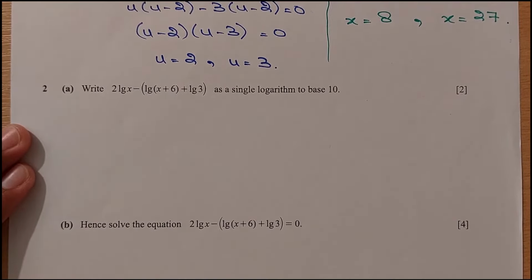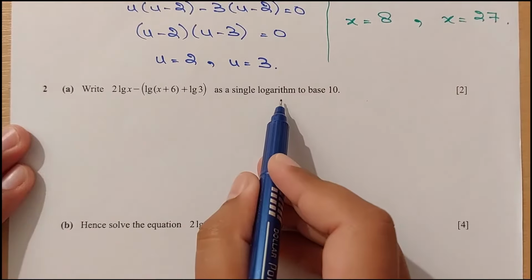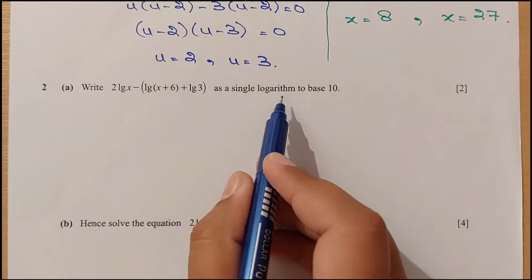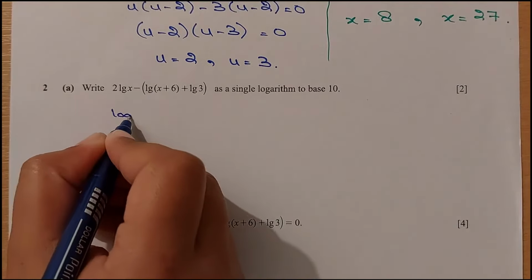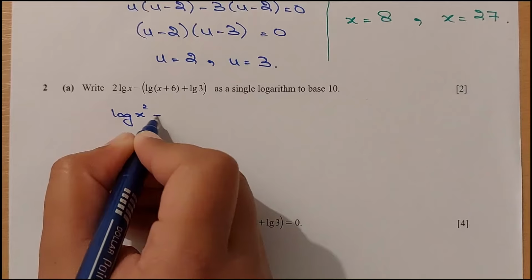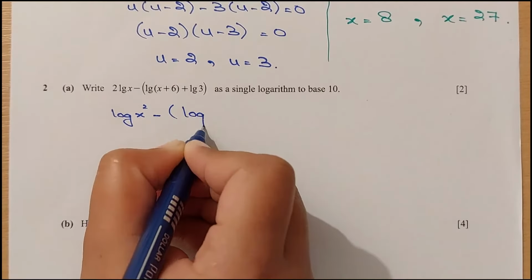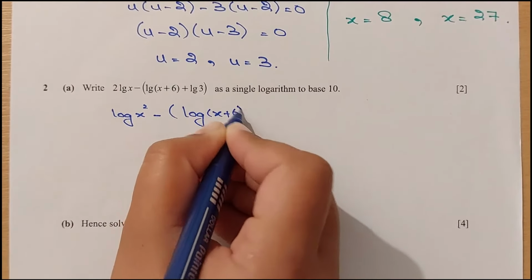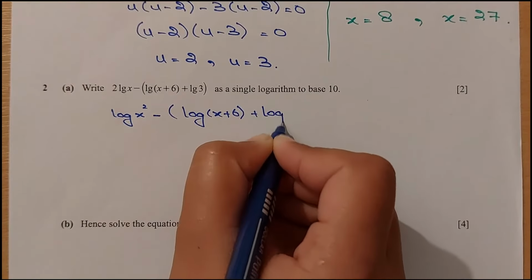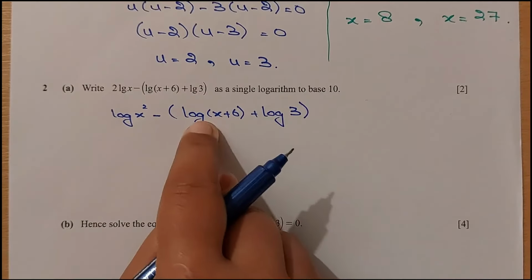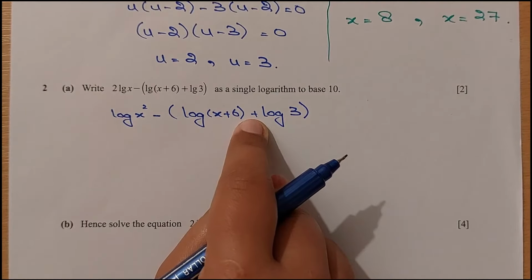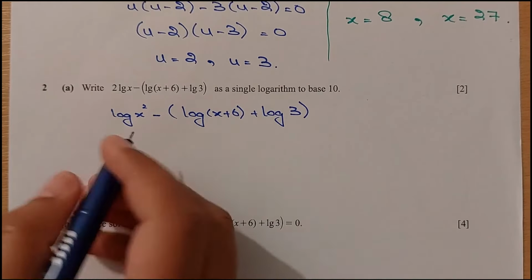Question number 2, in A part, write this as a single logarithm to base 10. Okay, so here we have log x squared minus log of x plus 6 plus log 3. So when the logs are in addition, we do the product.